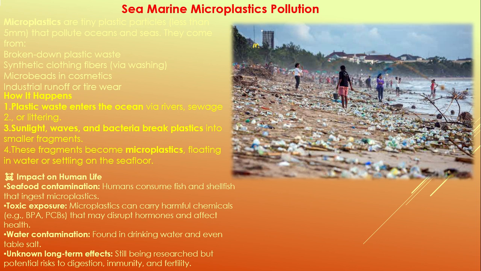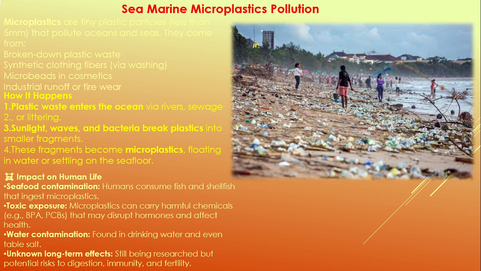These are teeny plastic particles less than 5 mm. They pollute the ocean and sea. How are they produced? These microplastic particles come from broken down plastic waste. The waste plastic is broken down into small pieces.